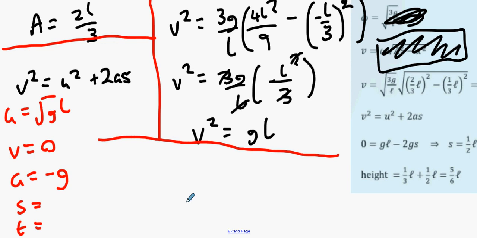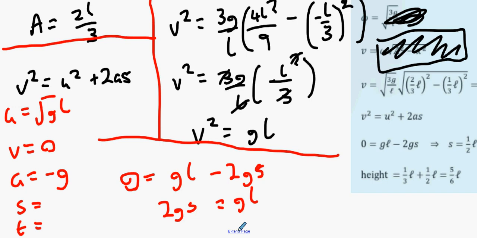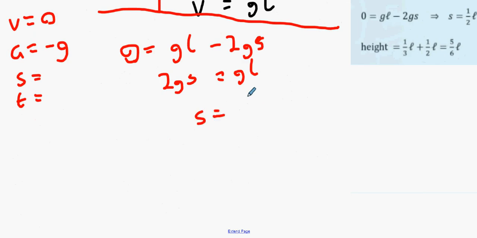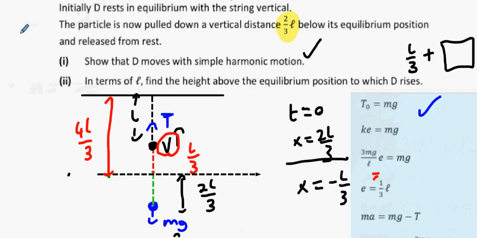Alright, let's do this. So we got 0 equals square that. We get gL. 2as is minus 2gs. 2gs equals gL. s equals L over 2, which is perfect. And what did we say earlier? We're going to add on L over 3 to L over 2, which is 5L over 6, and that'll be full marks, please. Right? All good.